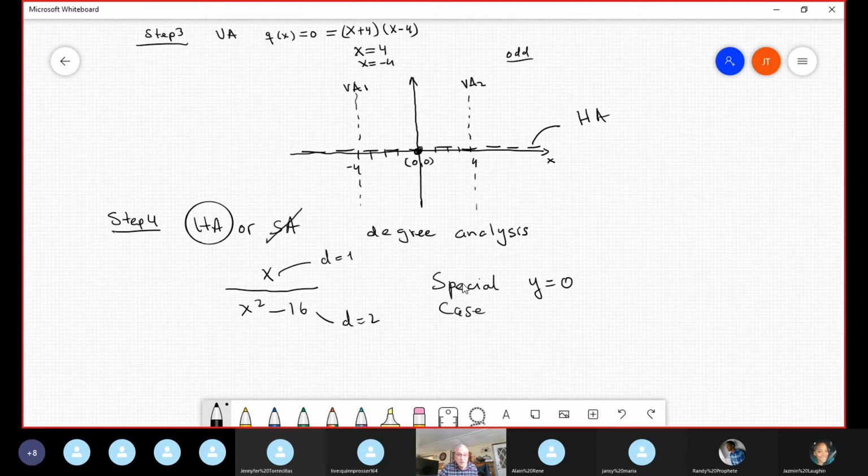And of course, slant we have none. It's obvious, right? Because they are mutually exclusive. If you have a horizontal, we have no slant. If we have a slant, we have no horizontal. So in step 5, we determined it's an odd function. Now the rest is plotting the points, but to save time, I want to do it in decimal. Okay, I switch into decimal.